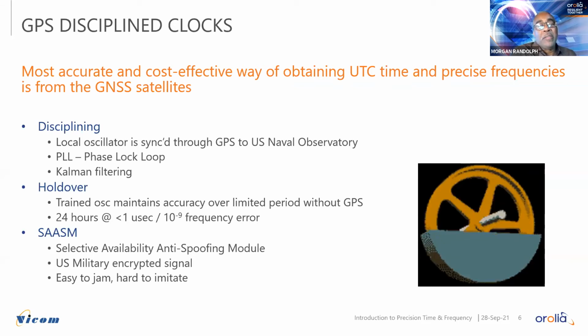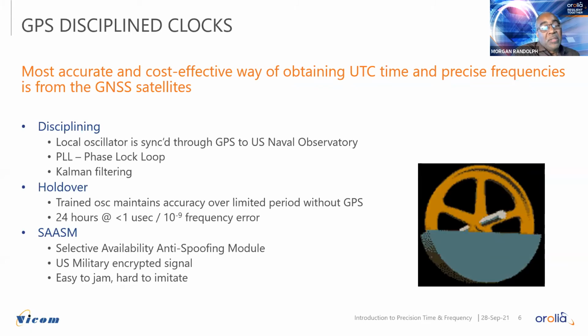From that point on, if you were to lose your GPS, you could have it in holdover for probably up to 5 years without losing a second. You'd lose time, but you wouldn't lose a full second. It'd take about 4 or 5 years to lose a full second.